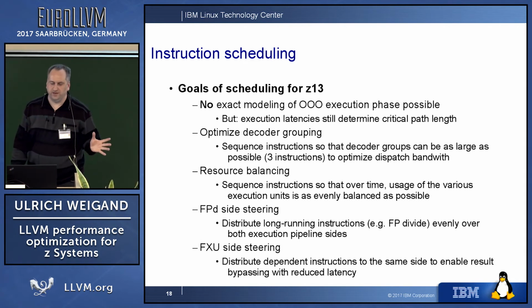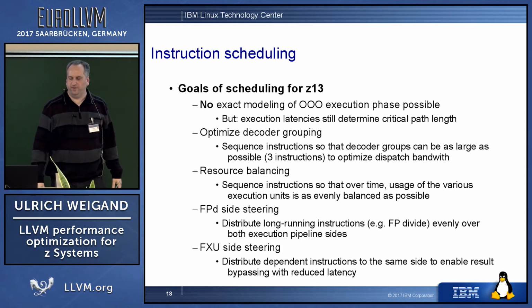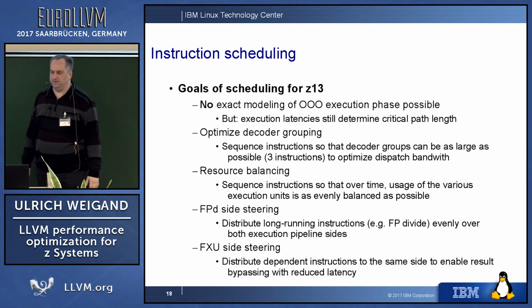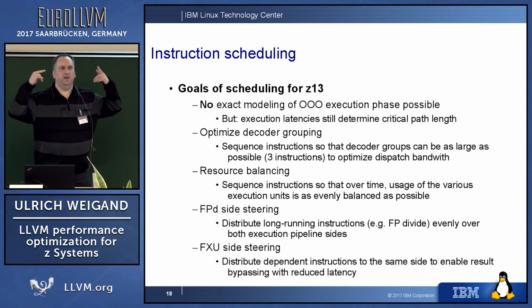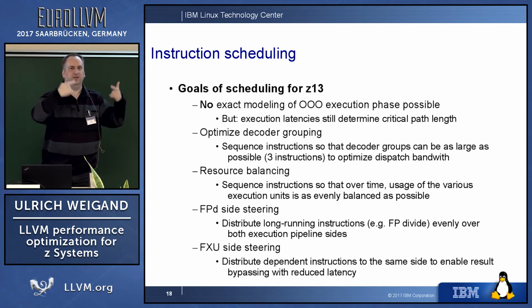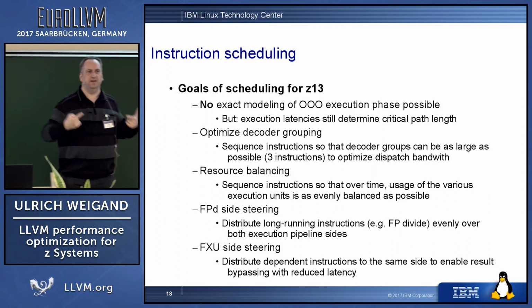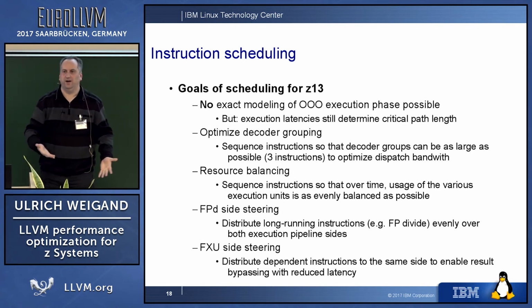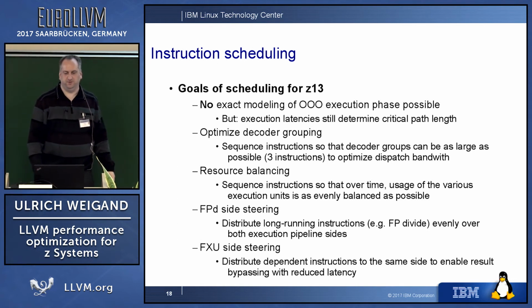Now with out-of-order engines, and the C-systems isn't different from other modern out-of-order processors here, it's really not possible to do that because you don't have enough information in a compiler to even know when instructions are going to be dispatched into the execution phase in the first place, because it depends on things like whether certain values are in your L1 cache or not, and what else is happening in the processor.